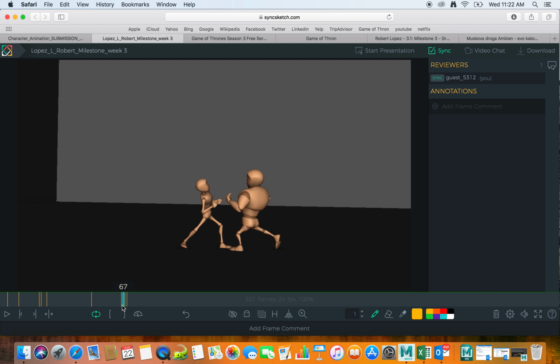And then when this kick happens to his head, it doesn't look like he really hits him. This is not clear.